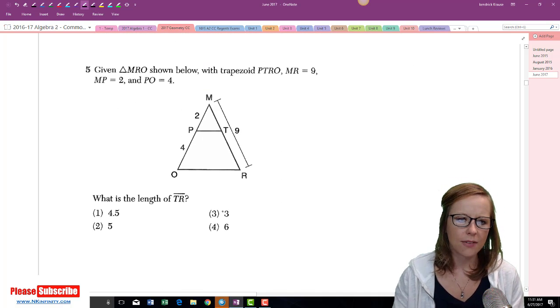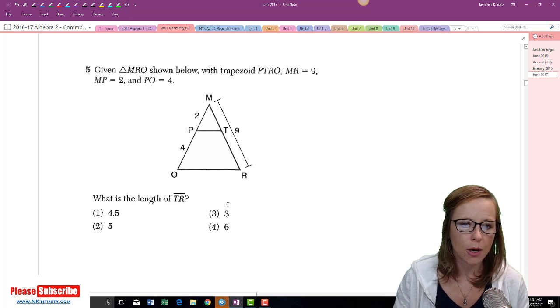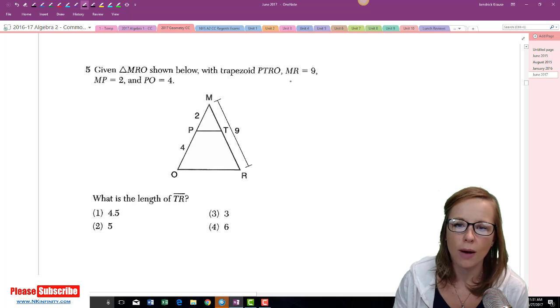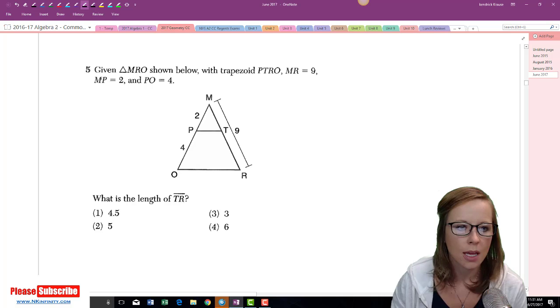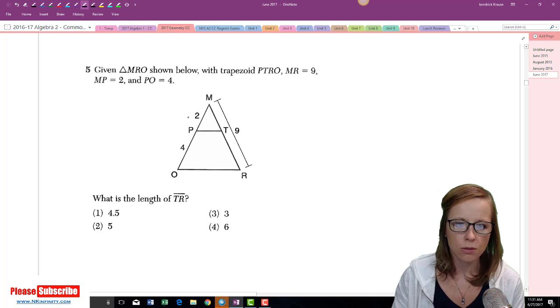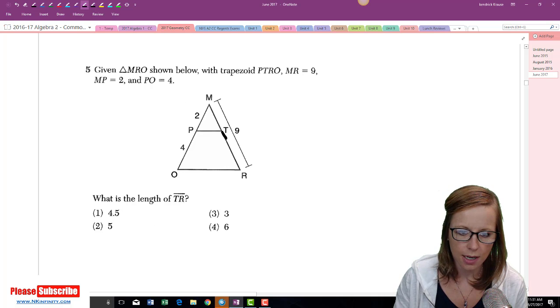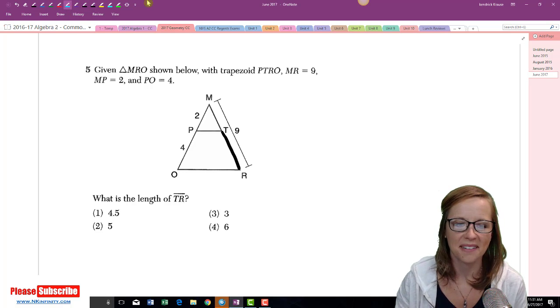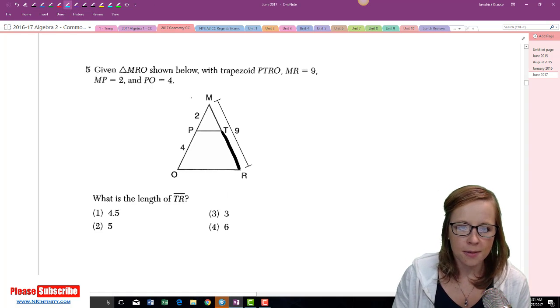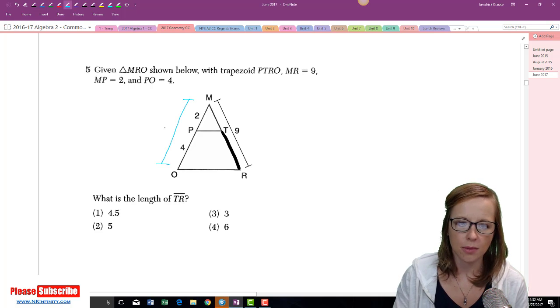Number 5. Given triangle MRO shown below with trapezoid PTRO, M to R is 9, great. M to P is 2, got it, and P to O is 4. It wants us to find TR, which is this little guy right here. Okay, making a new pen. Well, I like to do the whole thing and then the piece I'm looking for. That whole side is 6, right?